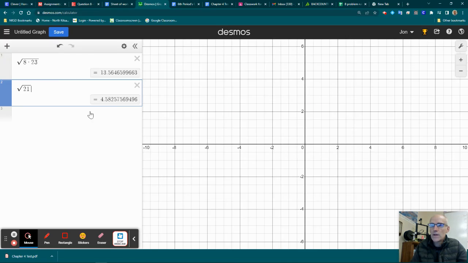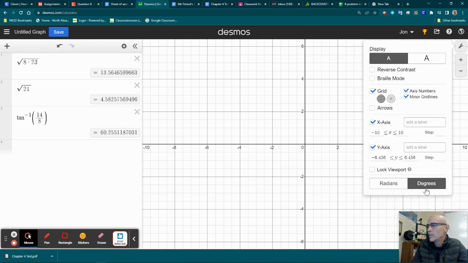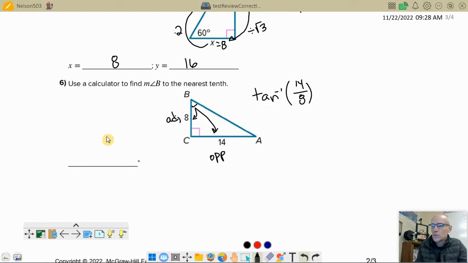I jam over to Desmos and I go inverse tangent of 14 divided by 8, and it comes out to be 60.3 degrees if I make sure I'm in degree mode, right? Don't forget about degree mode. 60.3, I think that was. Yes, it was. So 60.3 right here.